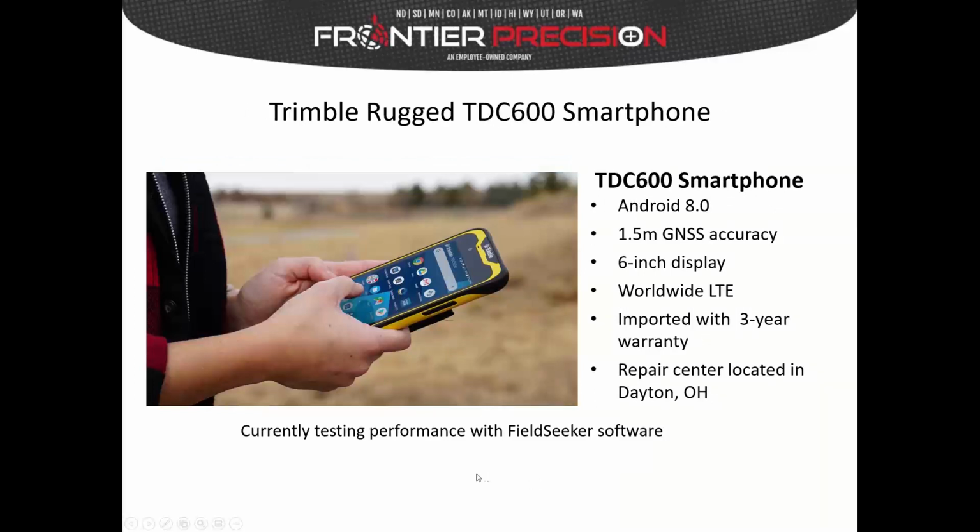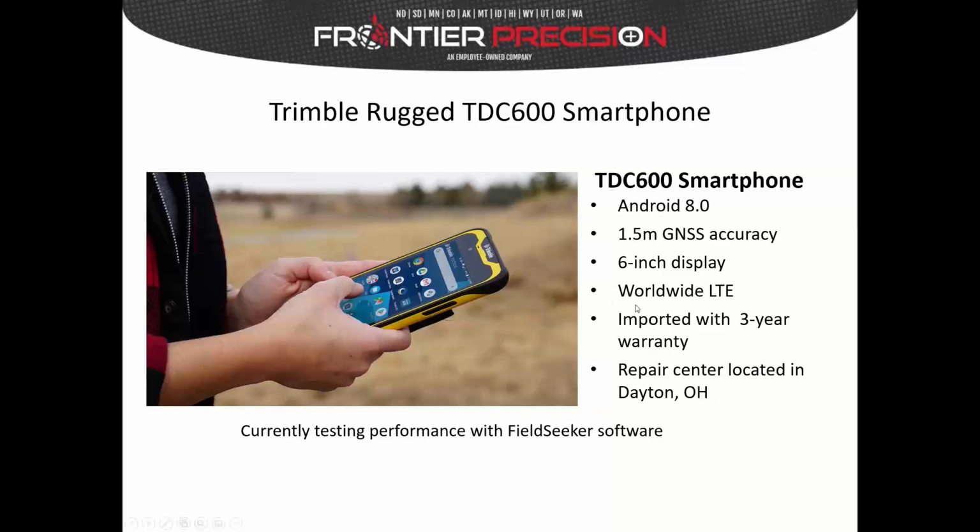Another new device that we're excited about, and we're currently testing the performance with the FieldSeeker software, is the Trimble Rugged TDC 600 smartphone. It is an Android device. It has 1.5 meter GPS accuracy and a 6-inch display.